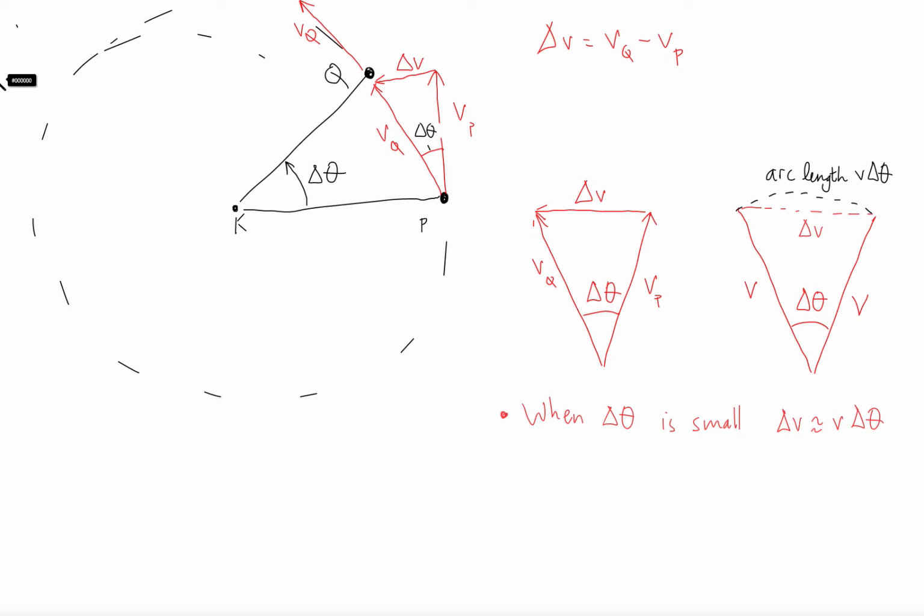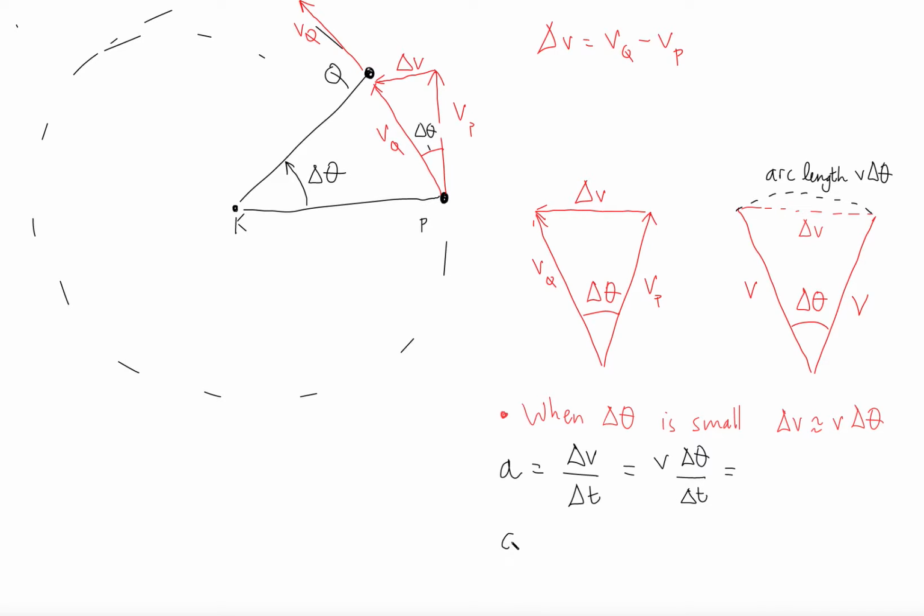And we're wanting to find the acceleration, not the velocity. We then have to find the change in velocity over the change in time. Well, we already have an expression here for the change in velocity, v delta theta over delta t. Well, the change in angle over the change in time, that was the definition for the angular speed.